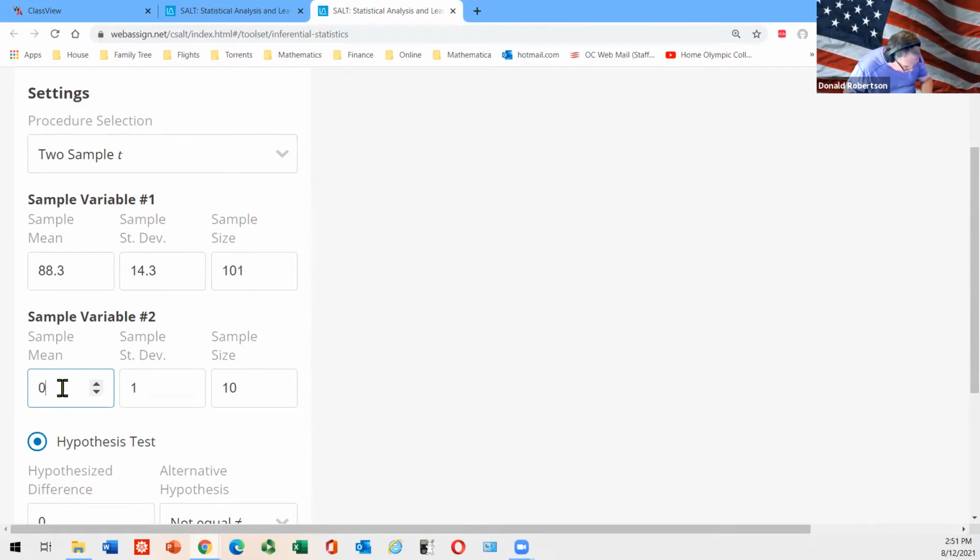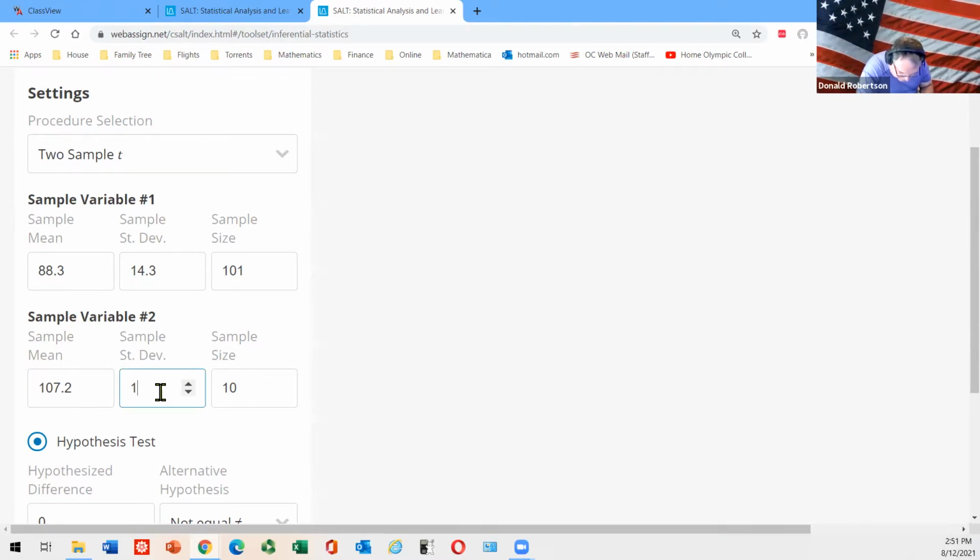And number 2, the males, there's going to be 86 of them. Sample mean, I got the wrong number, it's my reading. It's 107.2. That was the average speed they went. The standard deviation was 17.3, and the number of people was 86. That's how much was in your sample.